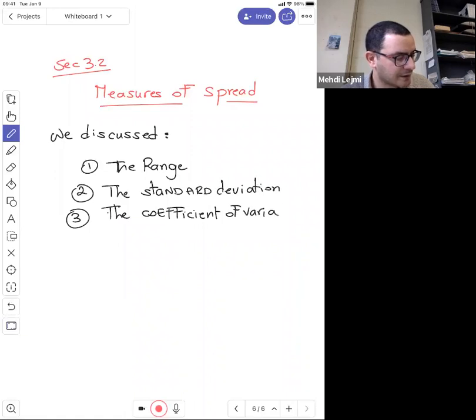Unlike the standard deviation, the coefficient of variation is independent of the units, so you can use it to compare the variation or spread of two samples from different populations.